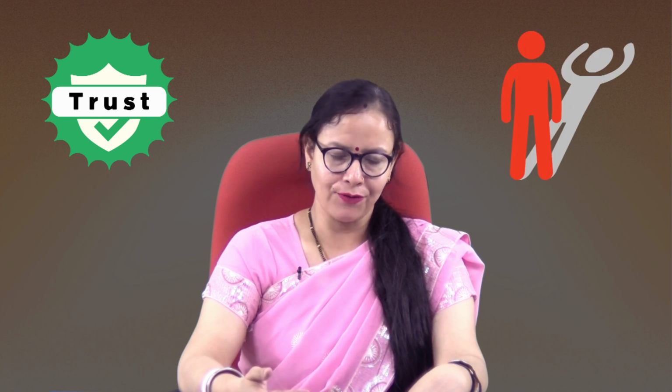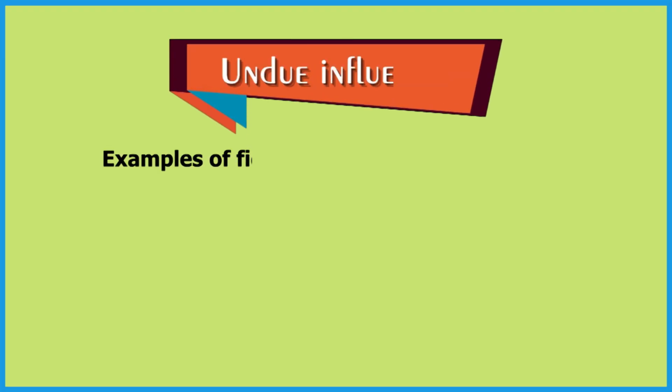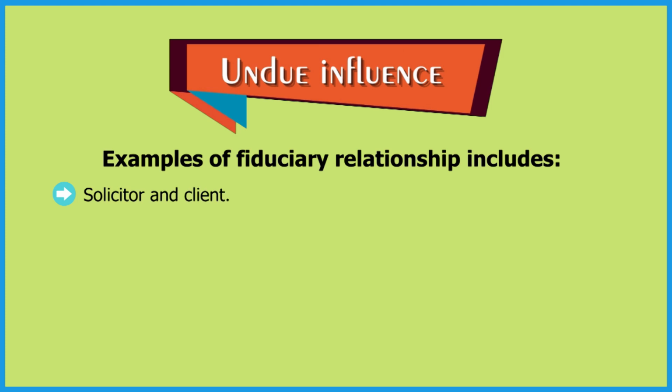Like I explained, when any one party is in a fiduciary relationship to the other party, that is a relationship of trust, confidence, affection, faith. So they assume, they believe there is no case of cheating or betrayal, and there will not be gain to one party and loss to another party. So these are a few examples which I have quoted. You could just understand that solicitor and client relationship is a fiduciary relationship.